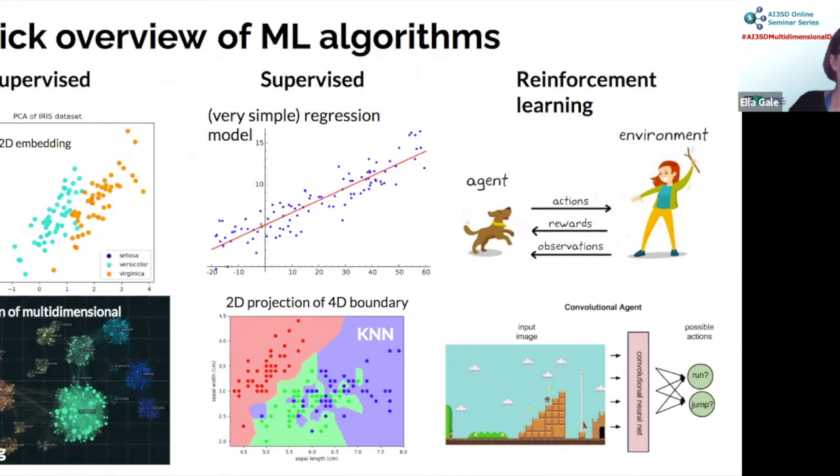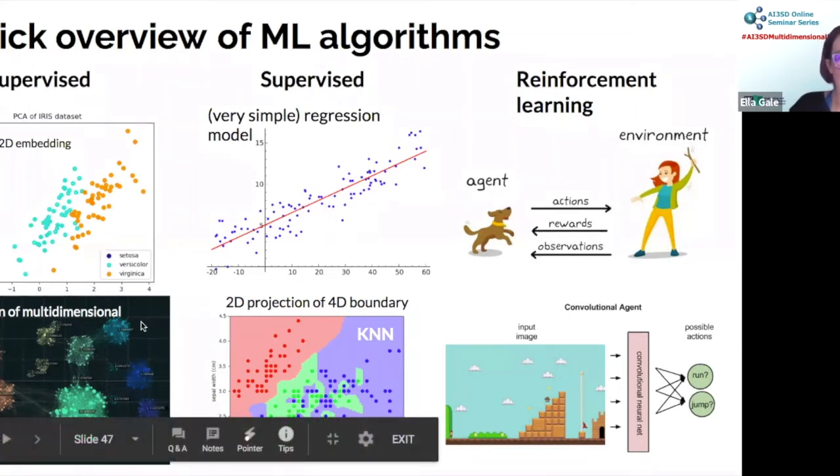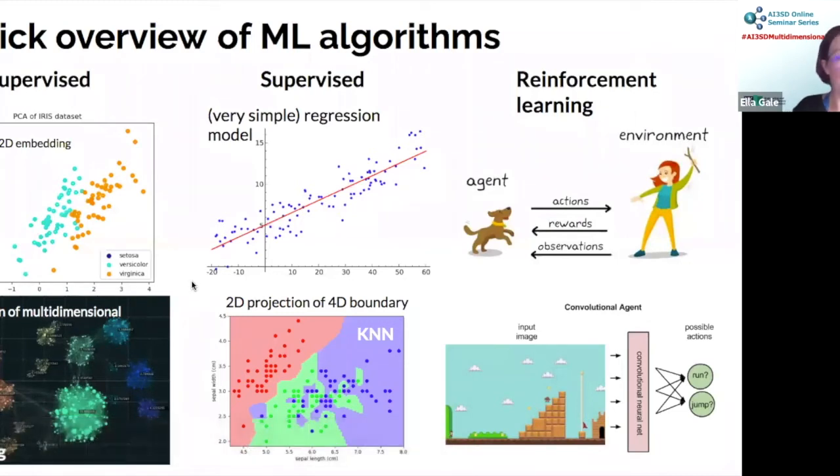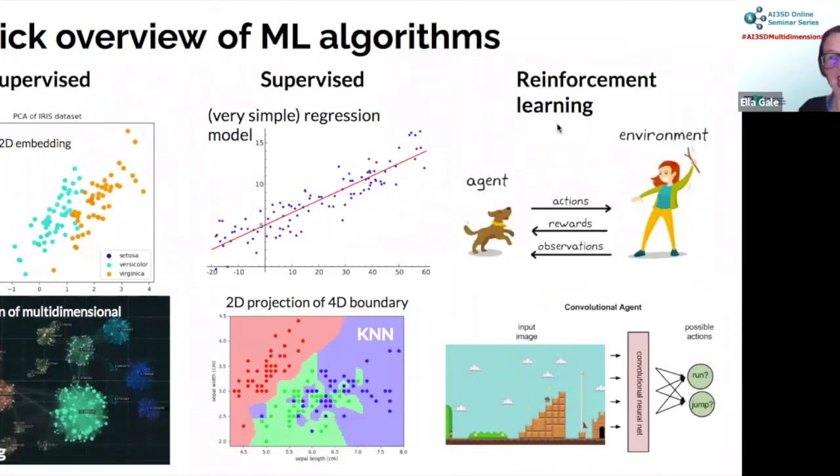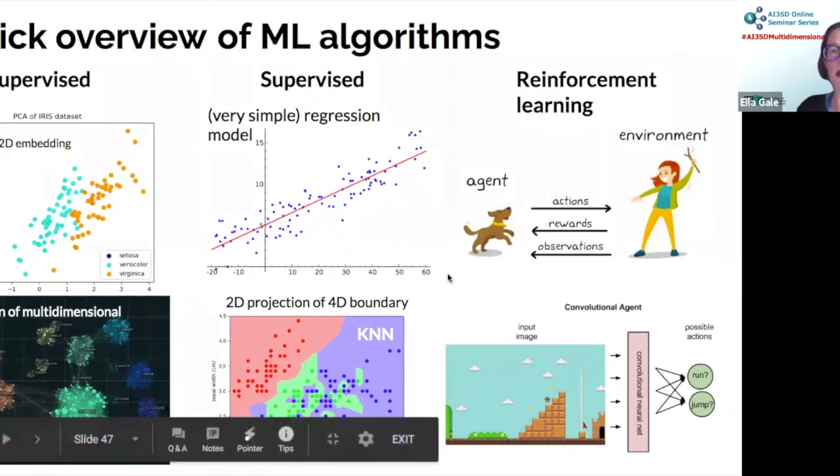So you use something called PCA, which I'm going to talk about, and also clustering algorithms such as k-means. You have your supervised learning algorithms, which is where neural networks come in. And then you have reinforcement learning, which is basically an agent in the world interacting and learning from actions and rewards. I'm not going to talk about that at all because it isn't really used in chemistry much at the moment.